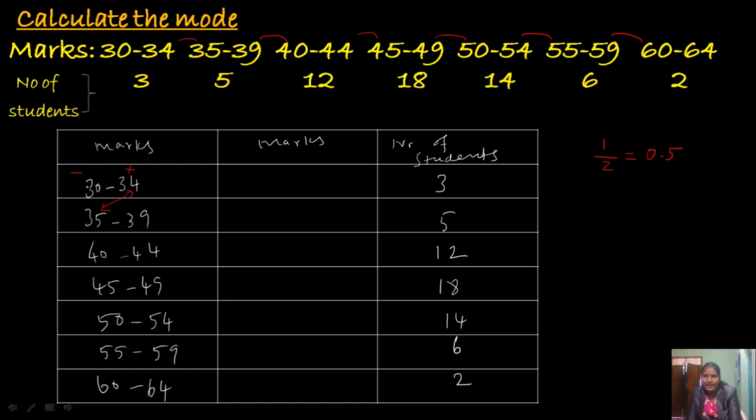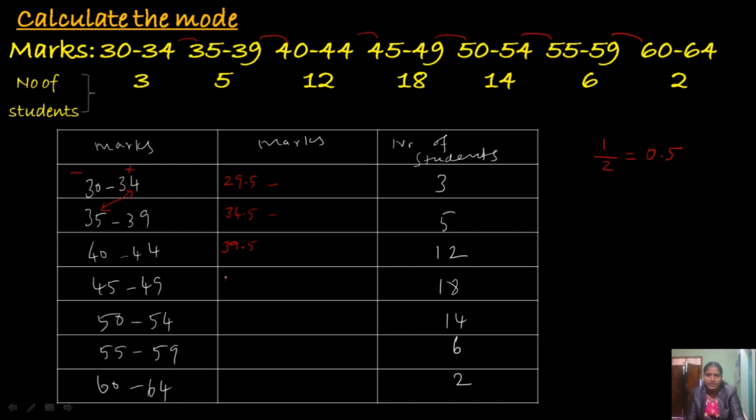When you subtract 0.5 from all the lower class limits, 30 minus 0.5 is 29.5. Then 35, if you reduce 0.5 from 35, you have 34.5. And 40, if you reduce 0.5 from 40, you have 39.5.